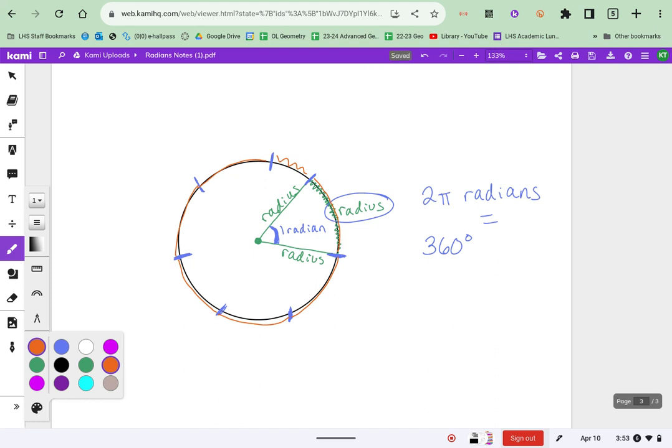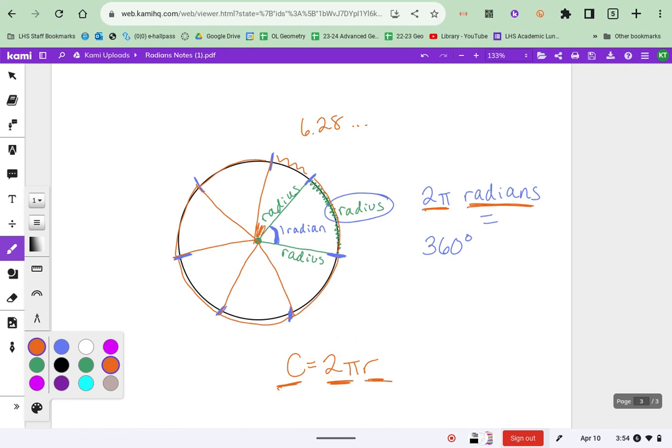radiuses fit around a circle, which, by the way, is why circumference equals 2 pi r, because this 6 and a little bit is that 6.28 radiuses fit around the circumference of the circle. 6.28 is 2 pi, so 2 pi radiuses make the circumference, which is then why 2 pi radians also fit in this circle, because each one of these wedges would have a central angle that's 1 radian.